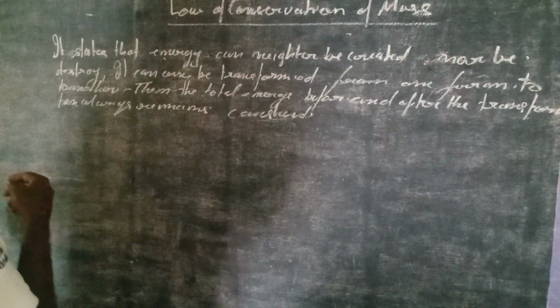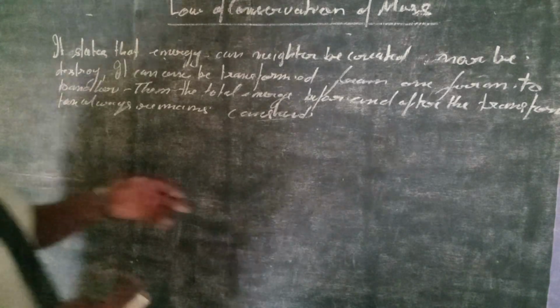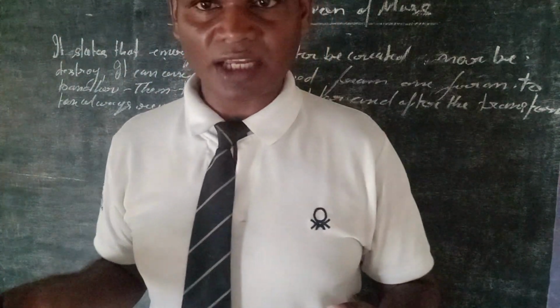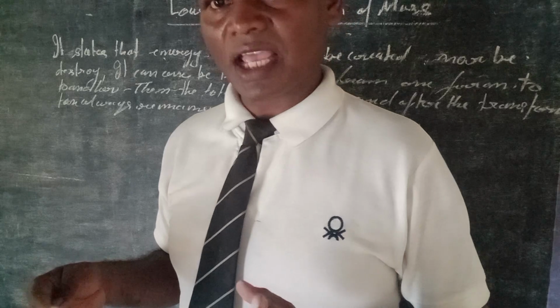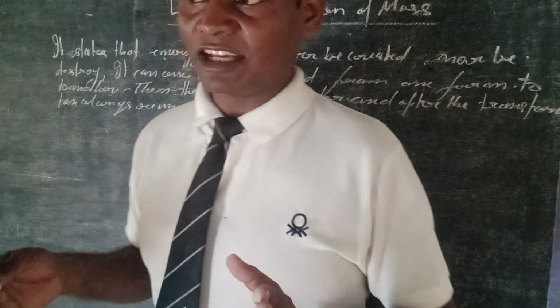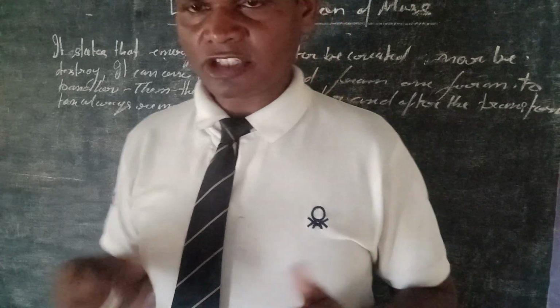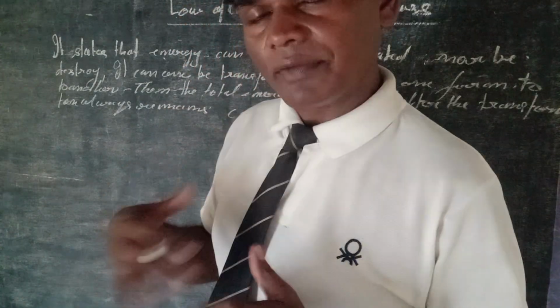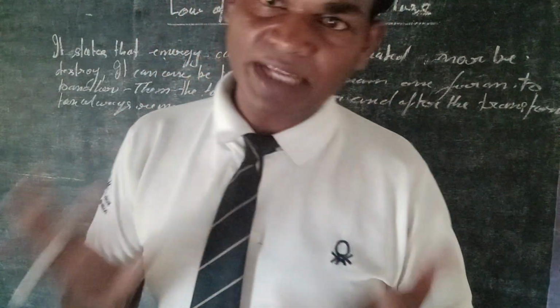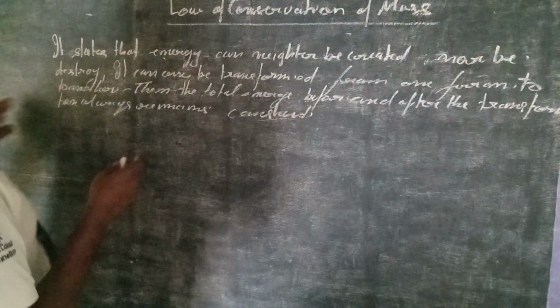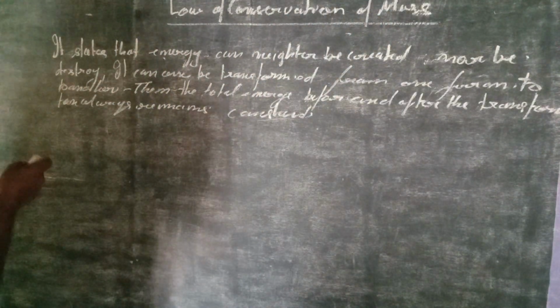Now we will study the constants. It means that energy can neither be created nor be destroyed, it can be transformed from one form to another. The total energy after the transformation or before the transformation is always constant, meaning it always stays as it is. So here we have studied this.